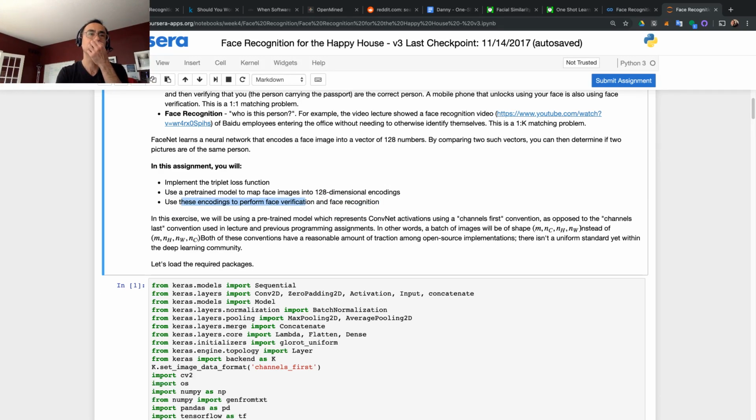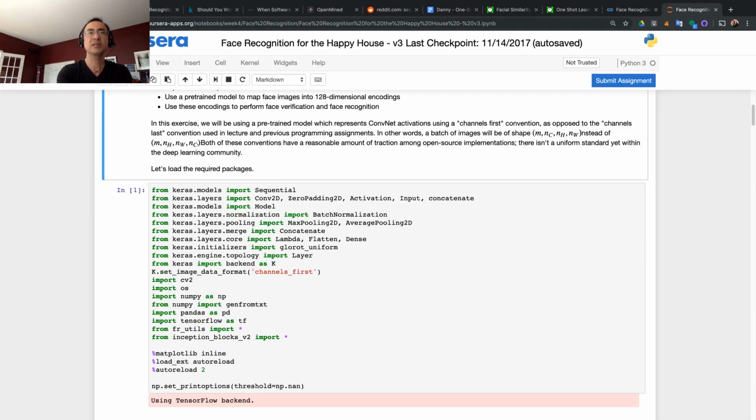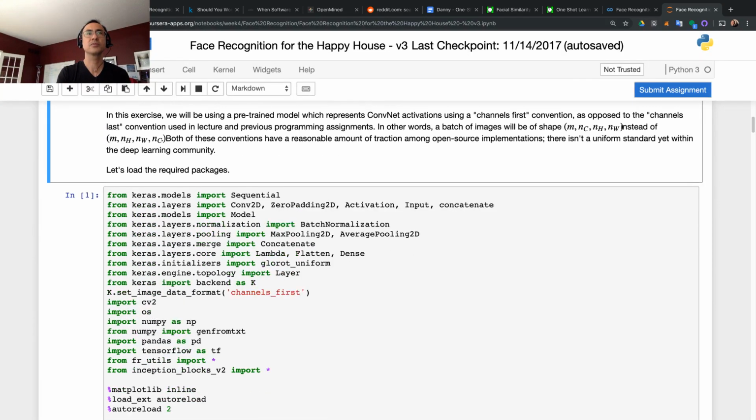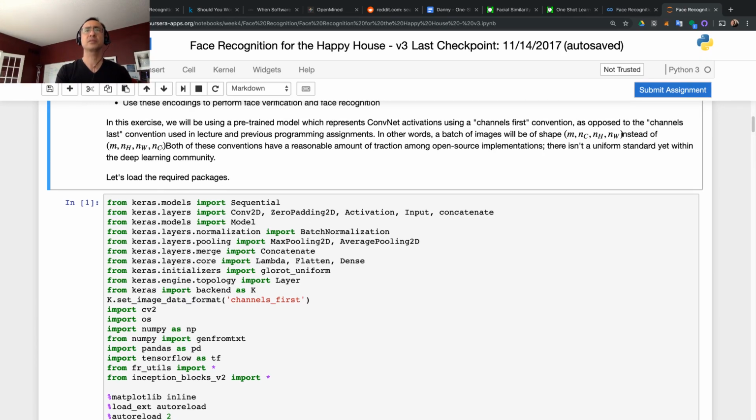Okay, so this exercise is using Python with Keras. We will be using a pre-trained model which represents ConvNet activations. It's a pre-trained model using a convolution network, using a channel first convention as opposed to the channel last convention used in the lecture and previous programming assignment.